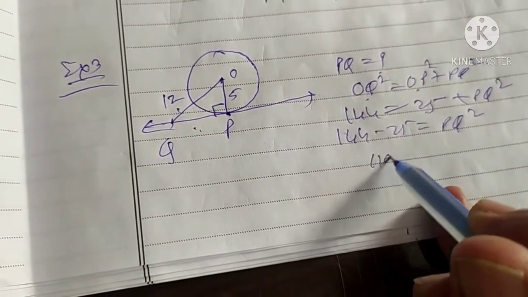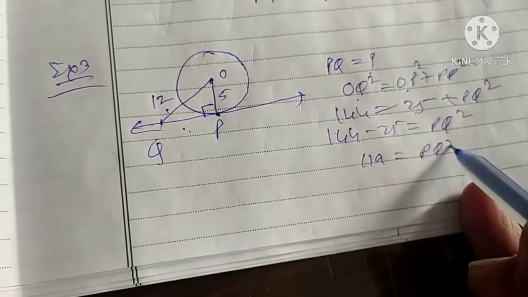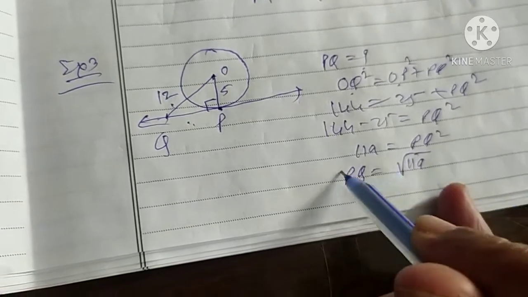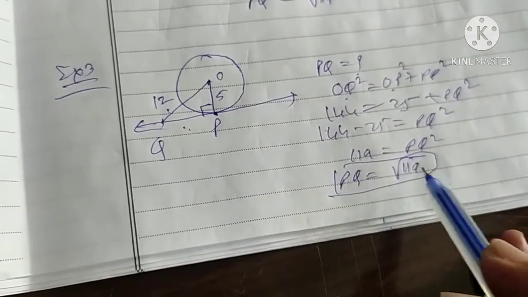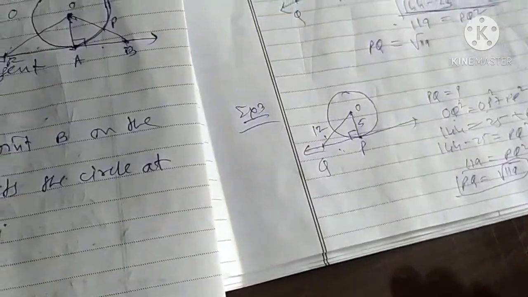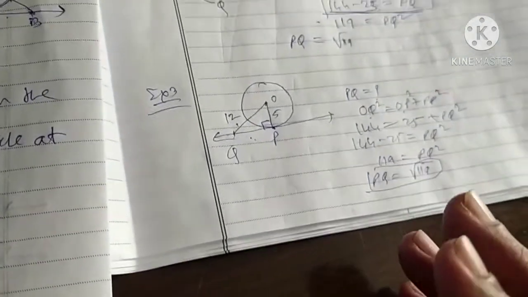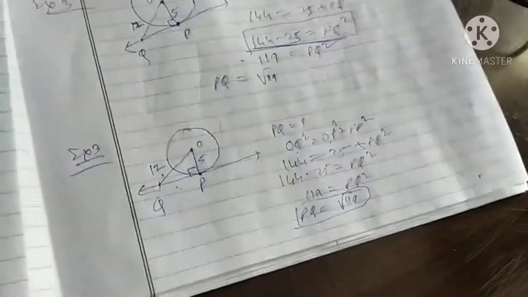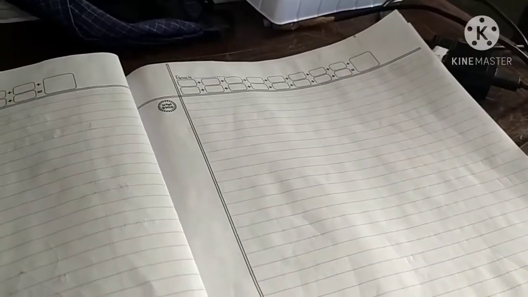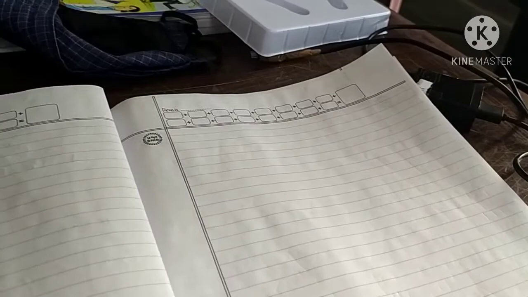So 119 equals PQ square, so PQ equals root 119. Right, children? You should be able to solve this one. Fine. Now please try to draw the diagram of example 4. Exercise 10.1 you will complete today only. In the next video we'll talk about the next topic, number of tangents from a point on the circle. Okay, see you.